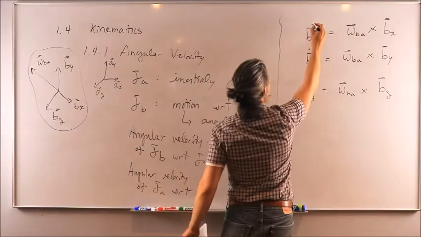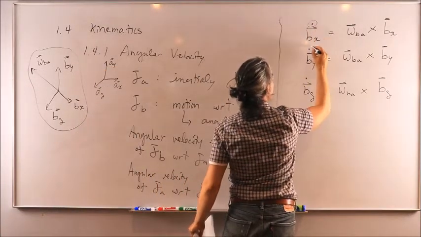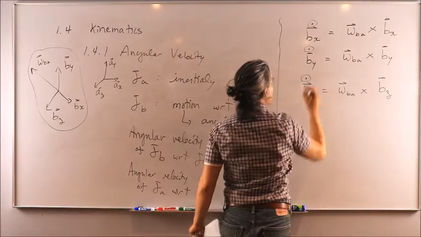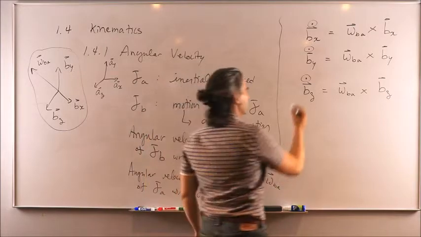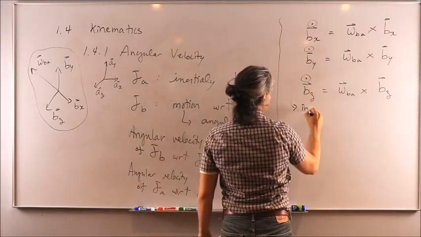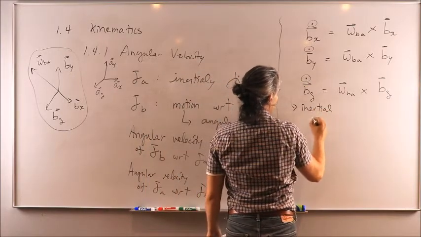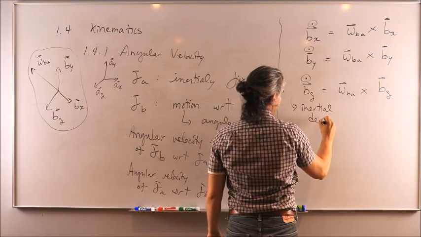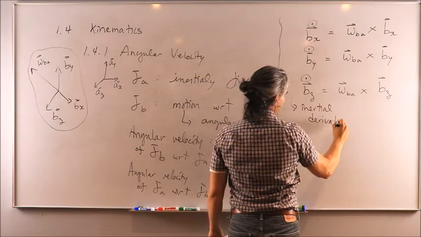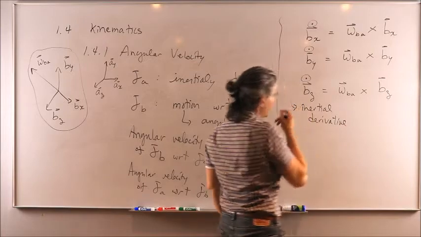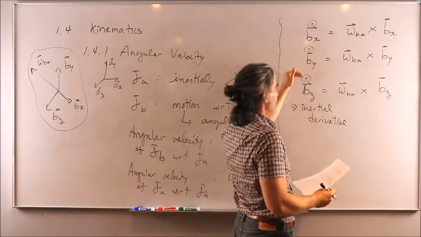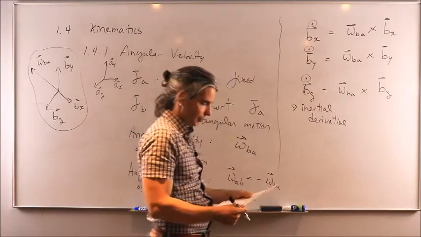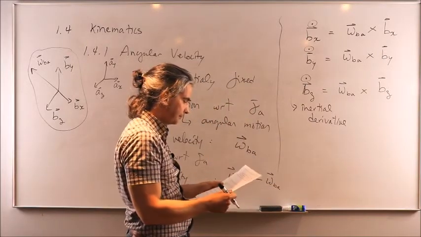Now, note here that I've introduced notation, which is the dot operator, and this is the inertial derivative operator. Inertial time derivative. Meaning that this is the inertial velocity along those vectors, if you will, due to the angular motion.